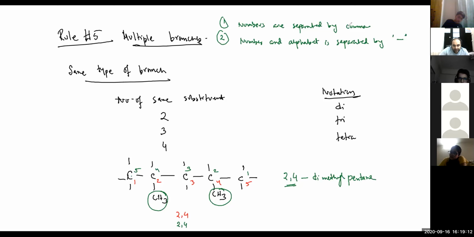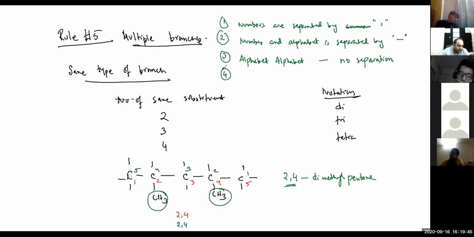Number 3, alphabet, no separation. First alphabet has to be a capital letter.